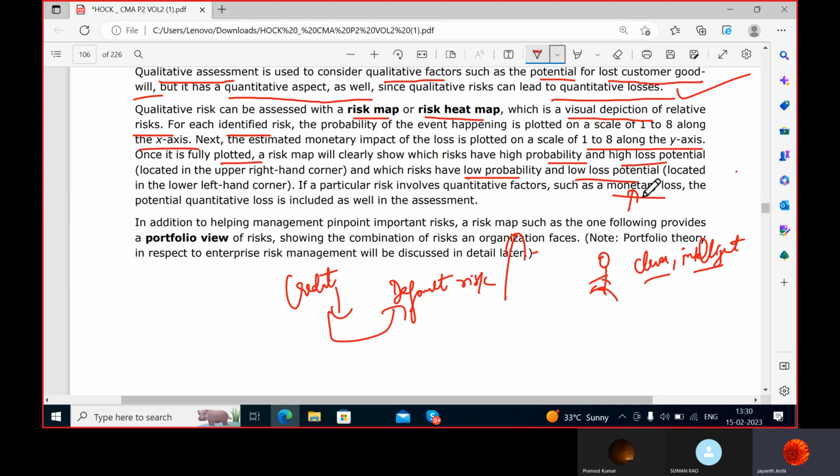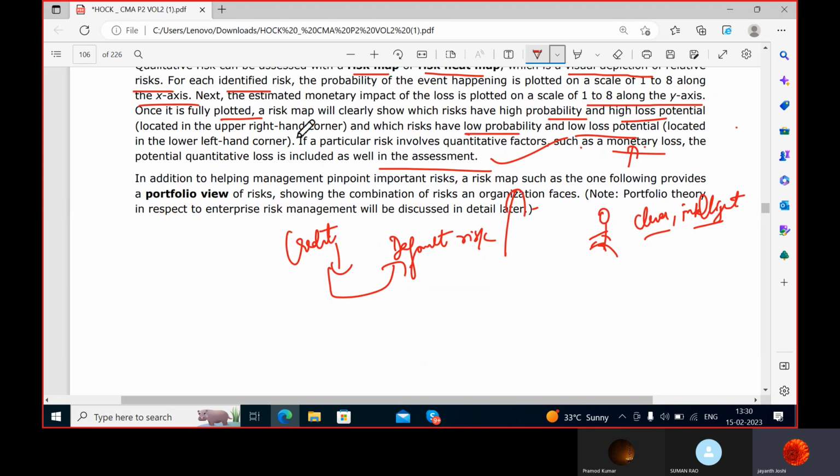The potential quantitative loss is included in the assessment as well. So suppose there is a risk that can cause you some monetary loss in terms of dollars; the potential quantitative loss is also included in the assessment.